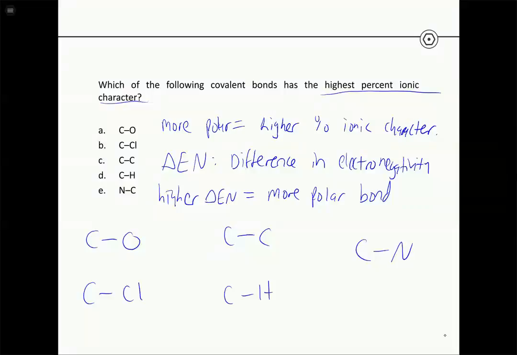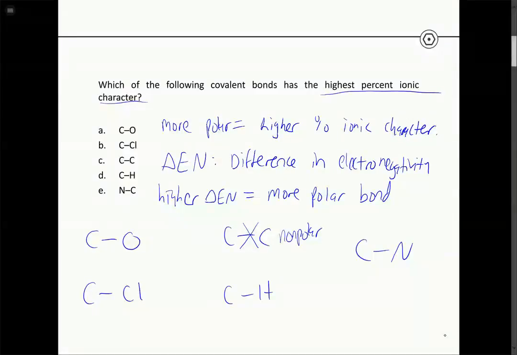If we're looking for the highest percent ionic character, that's going to be the most polar bond. If we have carbon bonded to itself, that's going to be completely nonpolar. So we can eliminate CC. Anytime it's the same atom with itself, it's a nonpolar bond, so we're not going to include this as the most polar. But the rest of these are going to be polar, and we want to know which one is most polar.